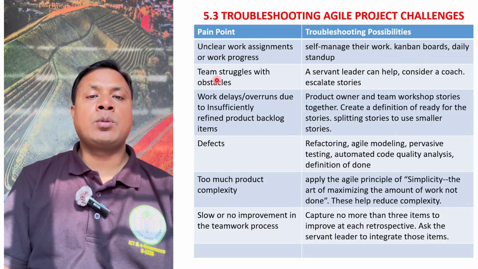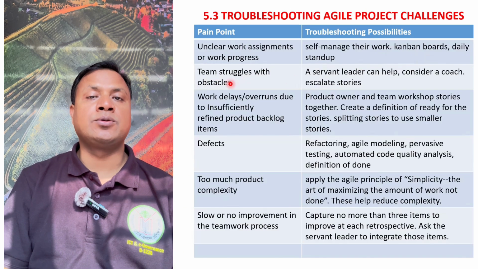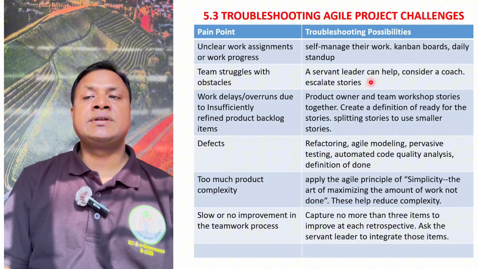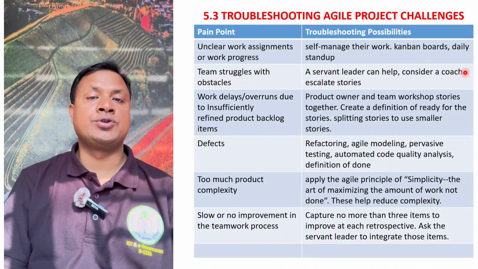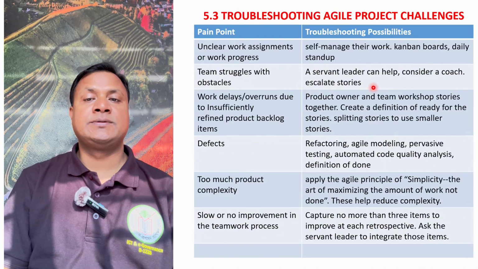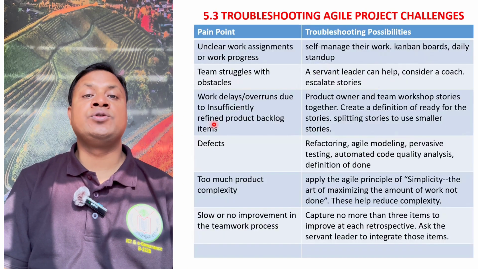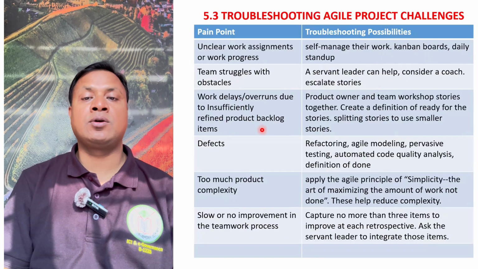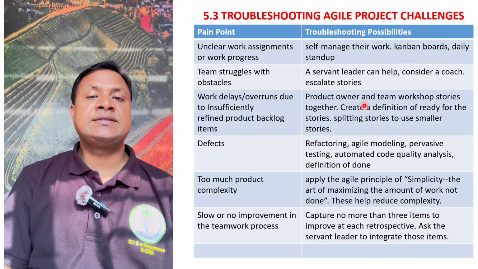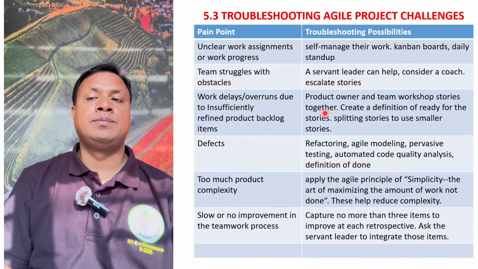If you have a problem of the team struggling with obstacles, then a servant leader can help. Consider a coach. Escalate stories. If you face work delays or overrun due to insufficiently refined product backlog items, in that case, the product owner and team workshopping stories together can help.